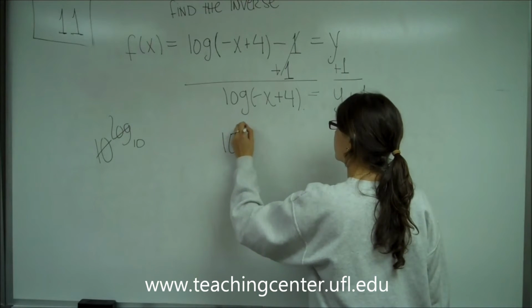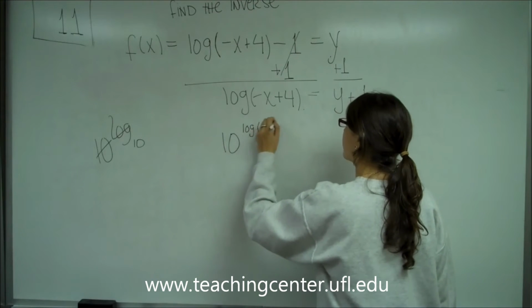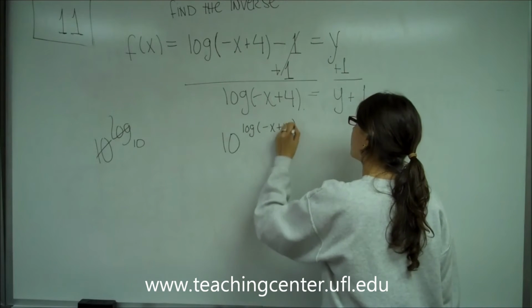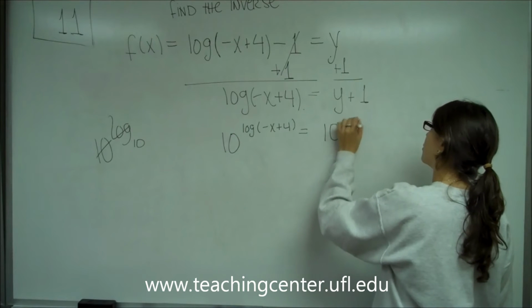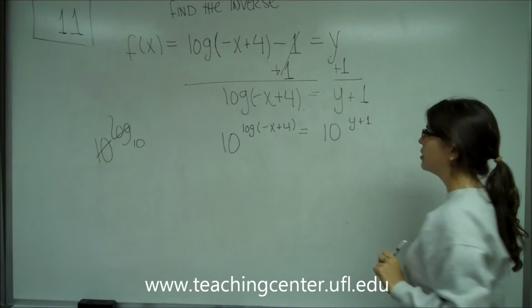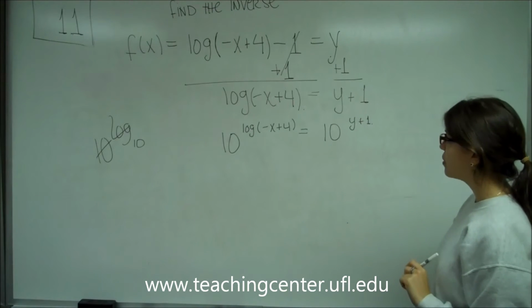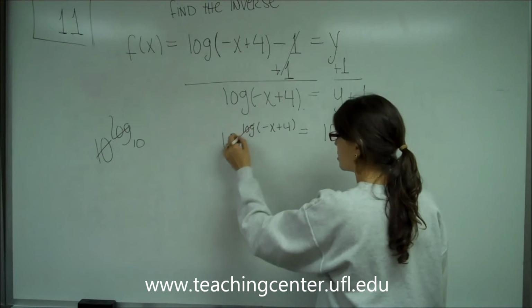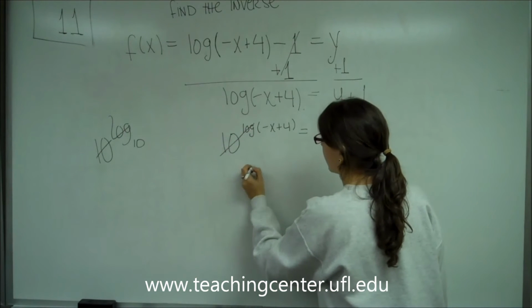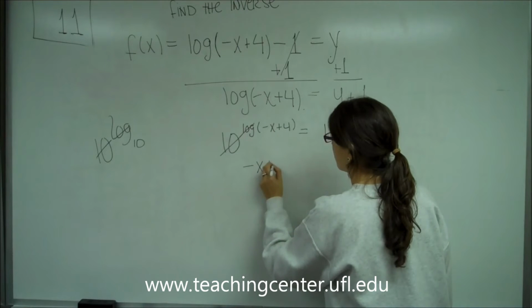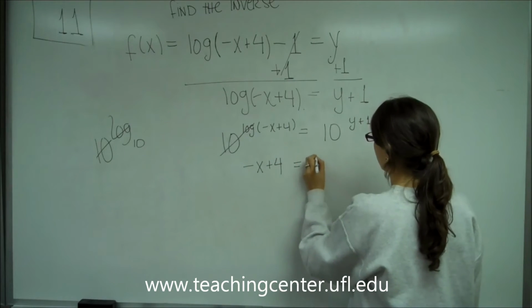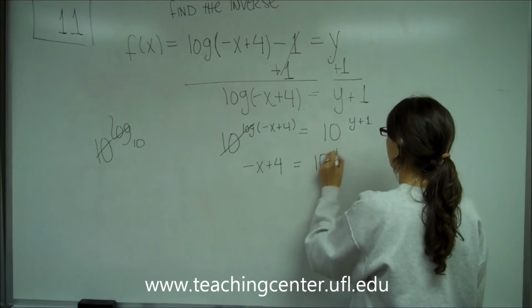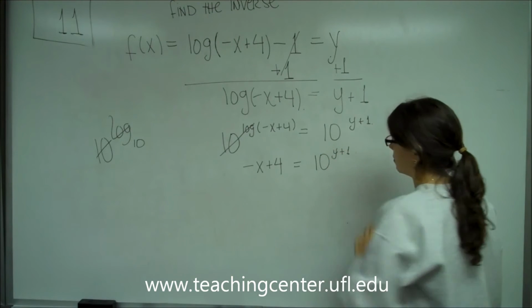So 10 raised to the log of negative x plus 4 on one side, and then 10 raised to the y plus 1 on the other side. So what's going to happen is that this log is going to go away with 10, and I get negative x plus 4 equals 10 to the y plus 1.